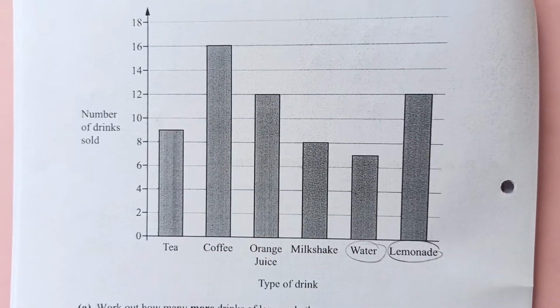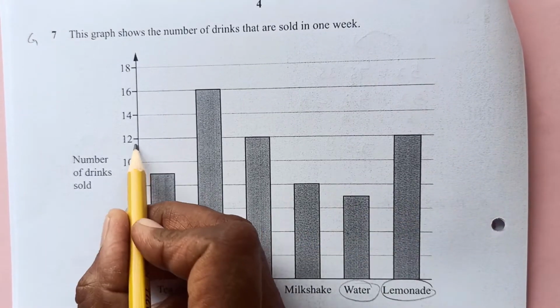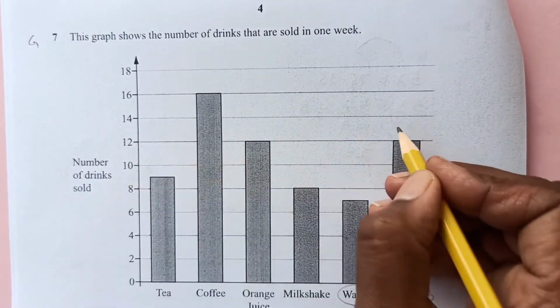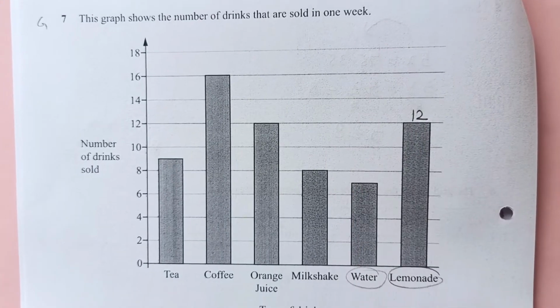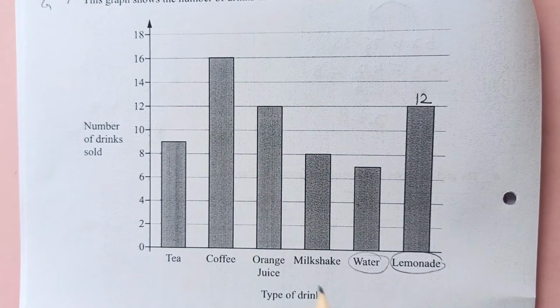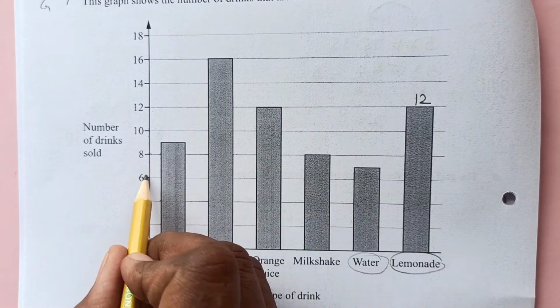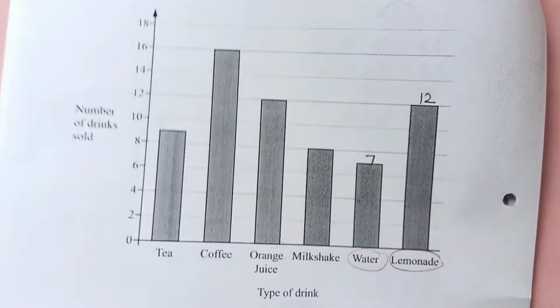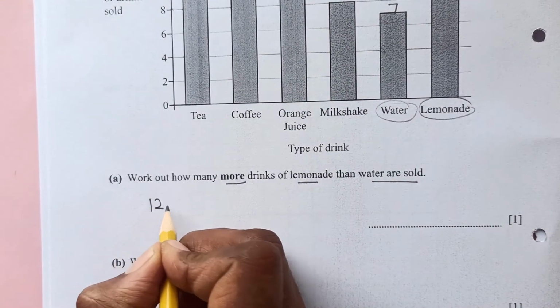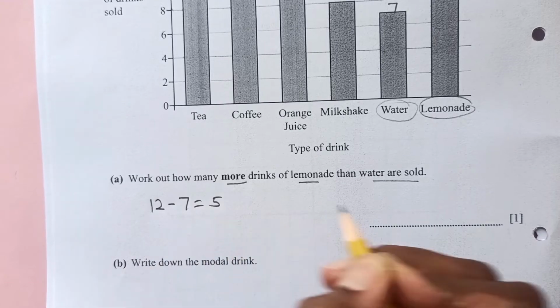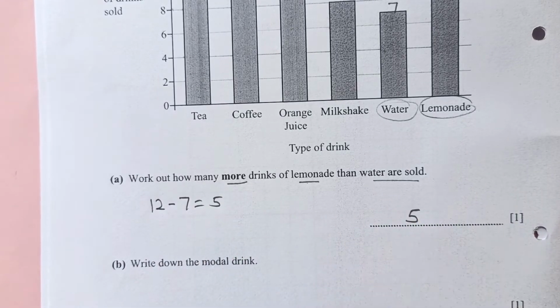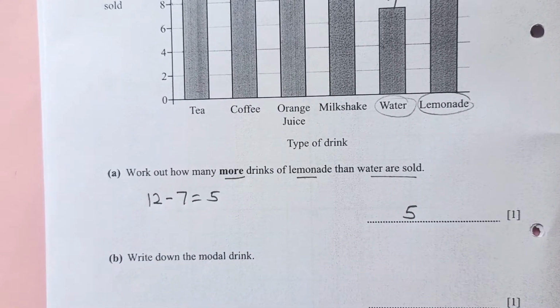That means we need to know the number. Lemonade, if you can see here, is 12 drinks, and water is between 6 and 8, so that means this is 7. So how many more? That means we are taking the difference, which is 5. So 5 more drinks were sold, right?